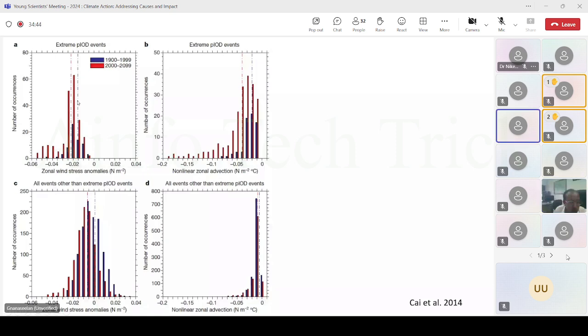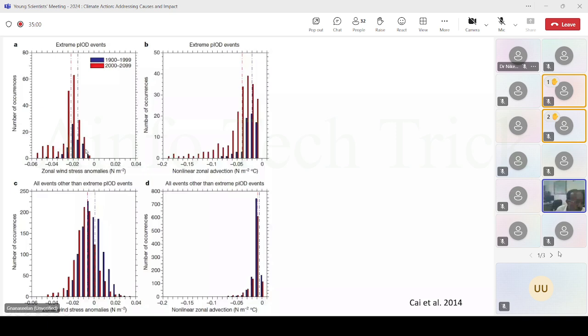Okay, now if you look at the zonal wind, you can see the projected change in the next century is large. Here it is 0, the negative side is easterlies and the positive side is westerlies.